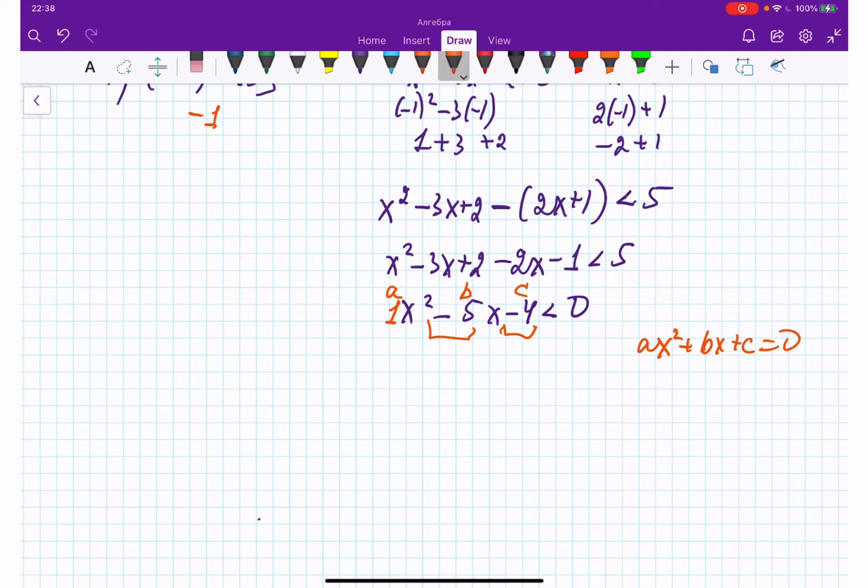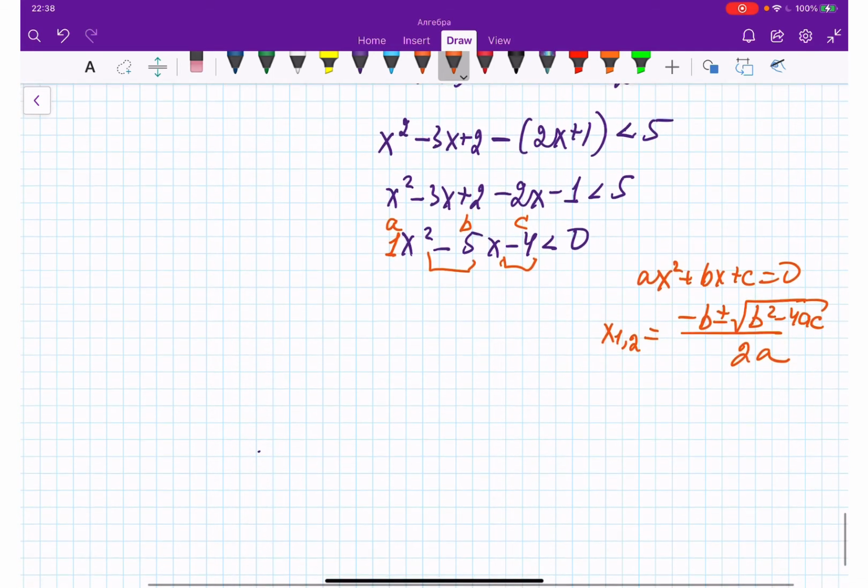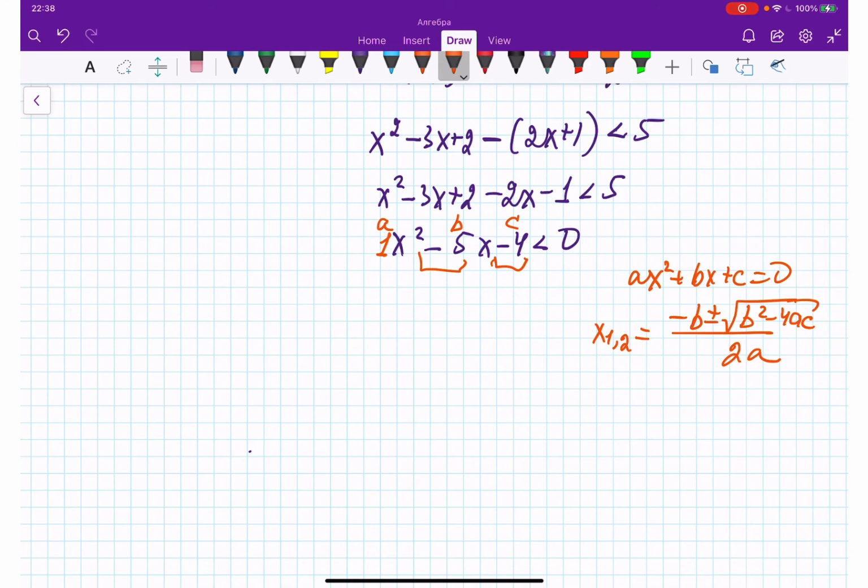And from here, x1,2 is equal to negative b plus minus square root of b squared minus 4ac, divided by 2a. So from here, let me write down a, b, and c. A is equal how much? 1. B is equal negative 5. And C is equal negative 4. Yes? Okay. So let's solve it.